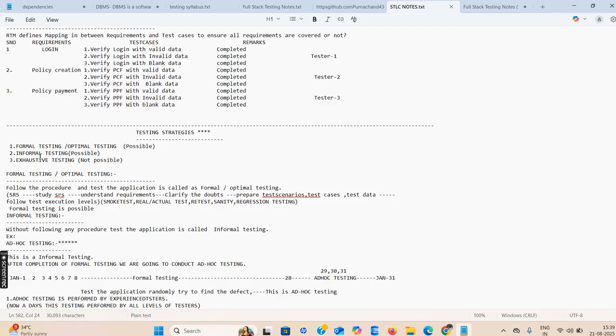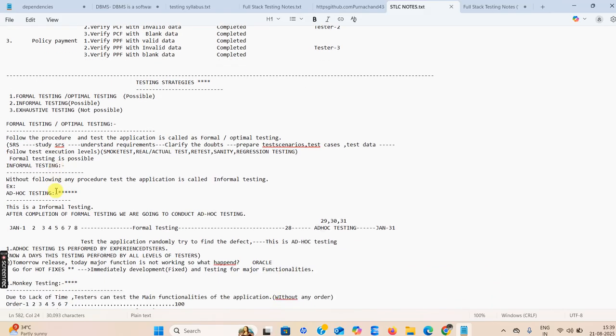Next, informal testing is testing without following any procedure. In informal testing, ad hoc testing is there. After completion of formal testing, we conduct ad hoc testing. So ad hoc is also informal testing.